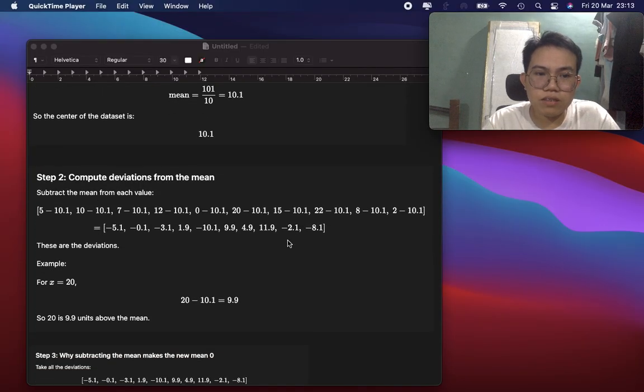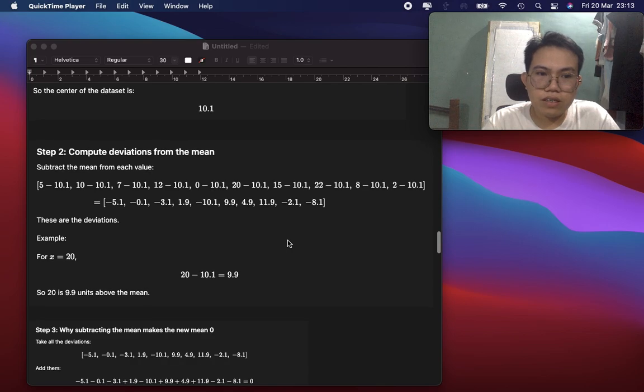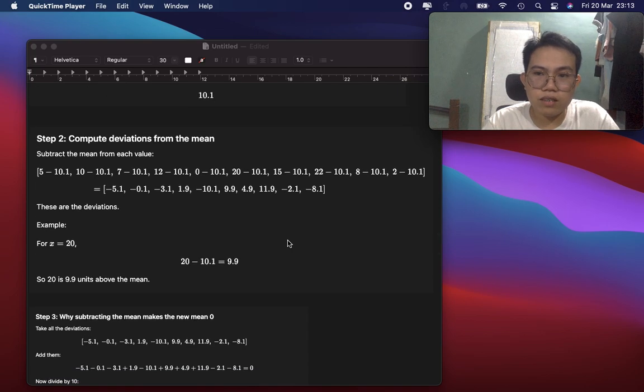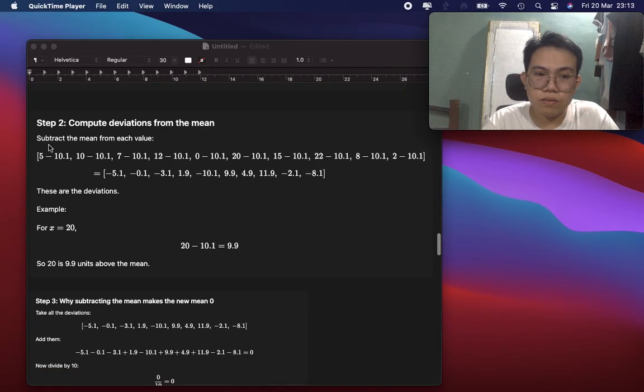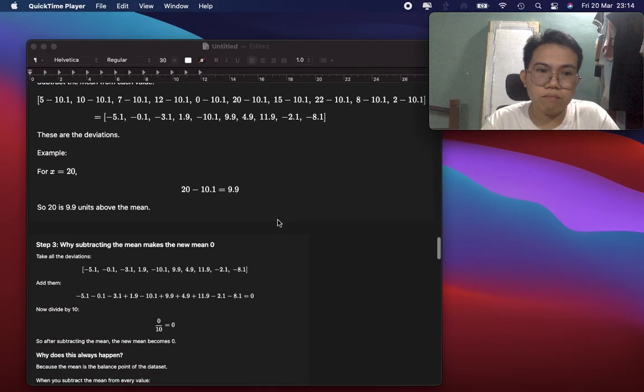So let's compute the deviations from the mean. To calculate it, we're going to subtract the mean from the values in the data set. So the first value becomes negative 5.1, then negative 0.1, negative 3.1, 1.9, negative 10.1, 9.9, 4.9, 11.9, negative 2.1, and 1.9.